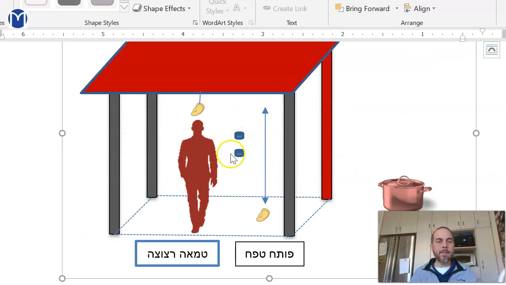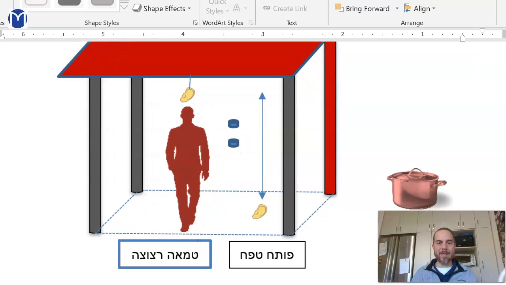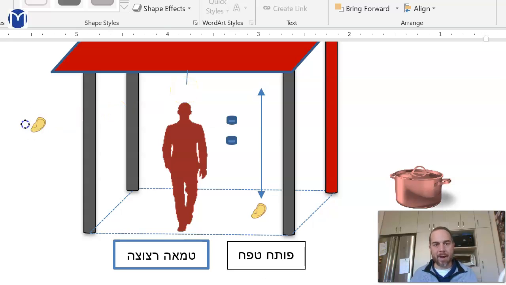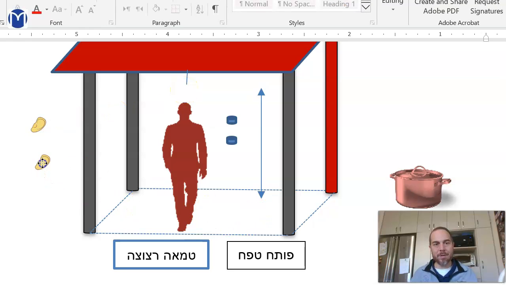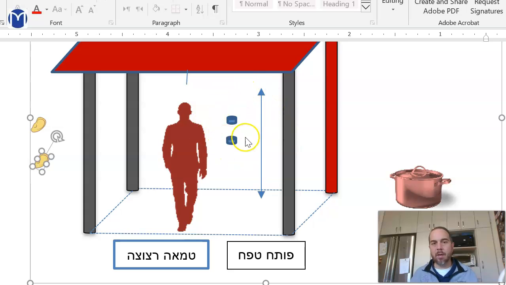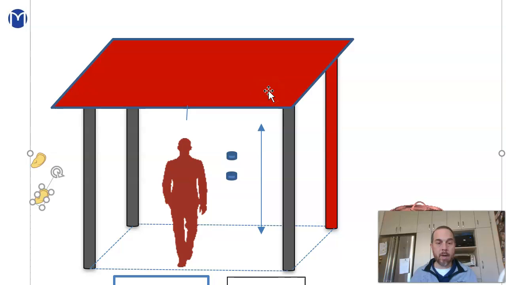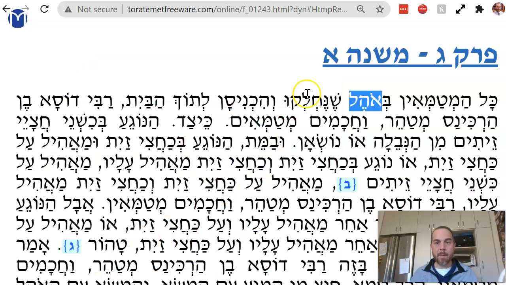So for our purposes, let's imagine these two cylinders. Each one is a half a kazayit. Okay, and now this person, let's leave the ears out of it for now, is in an ohel with two half kazaytim. So he's in an ohel with a kazayit of mate. So is that kazayit of mate transferred in tumah or not? That's the question of our Mishnah.